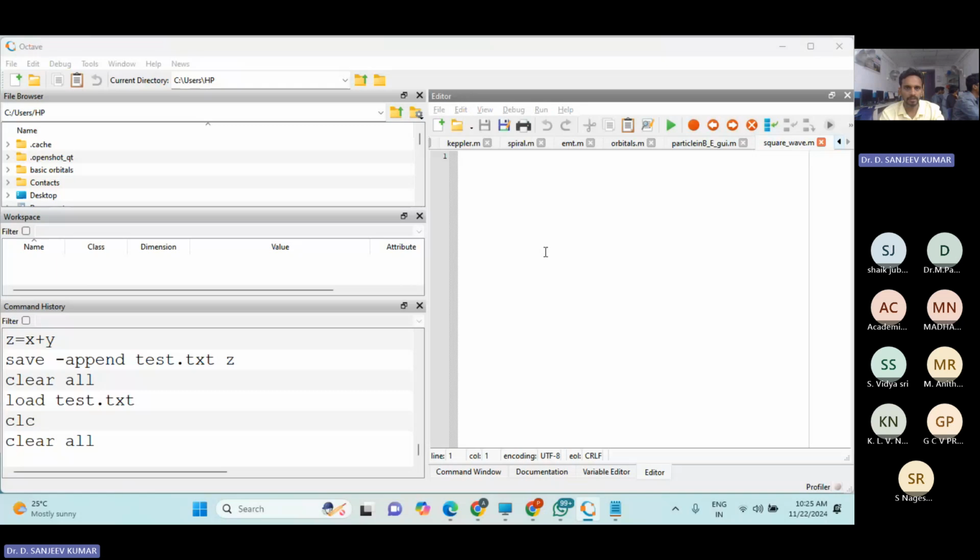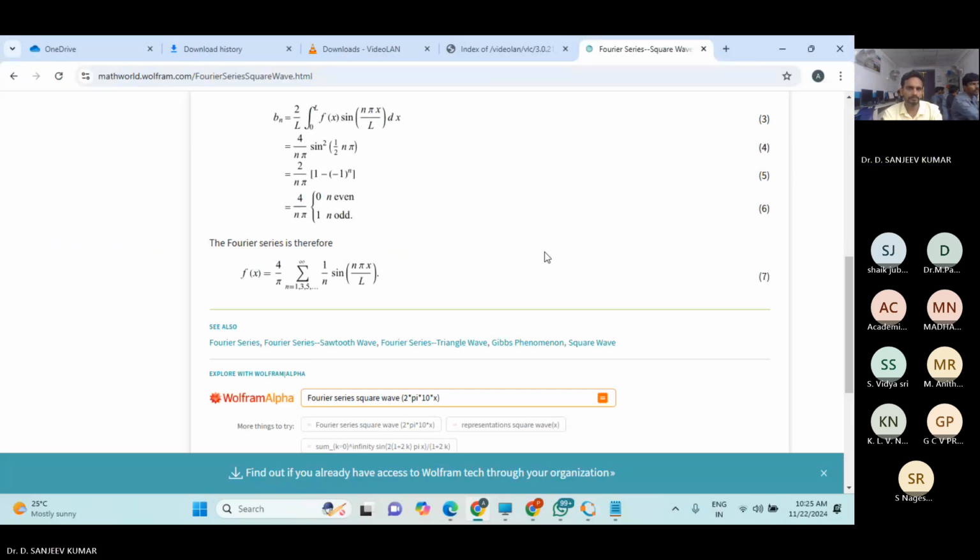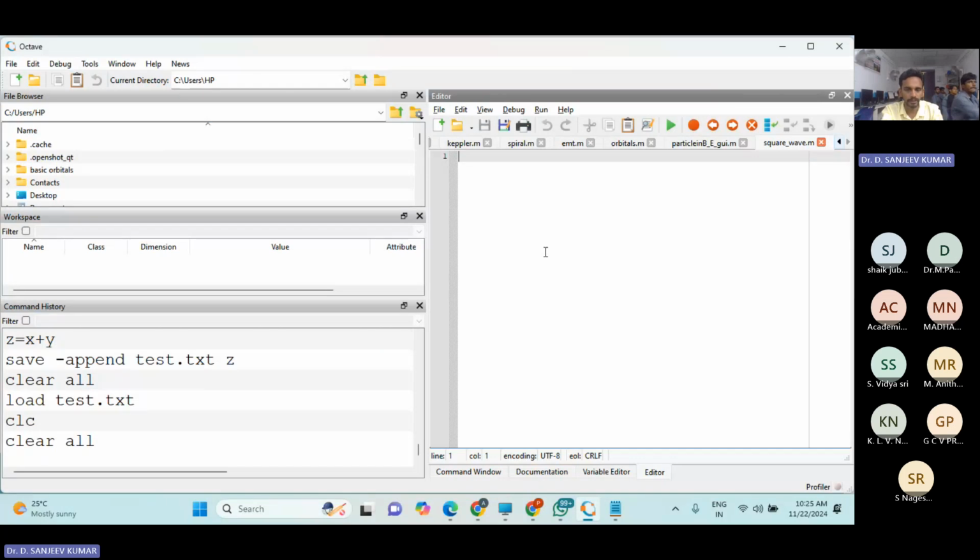For my sine function, the theta value varies from 0 to 2 pi.